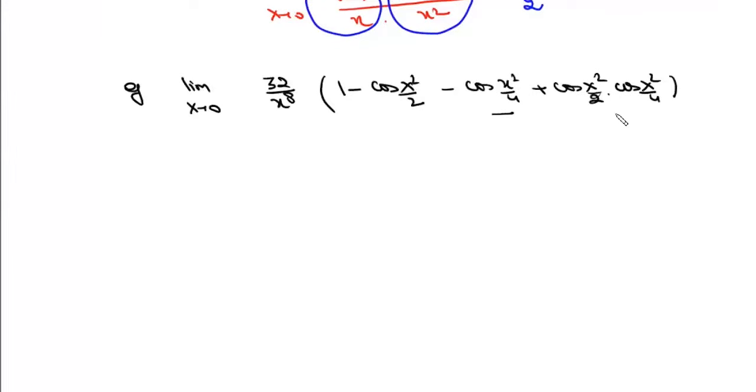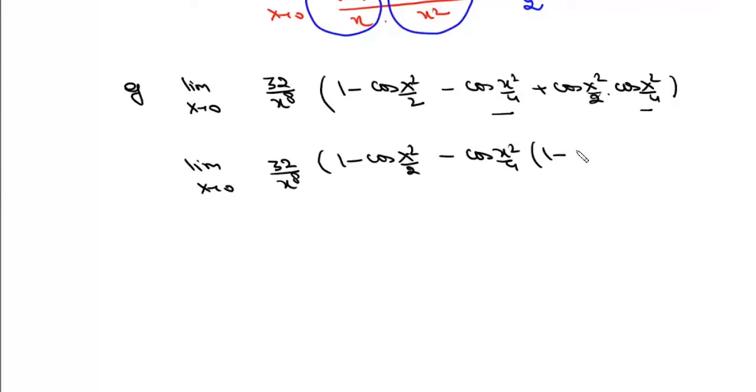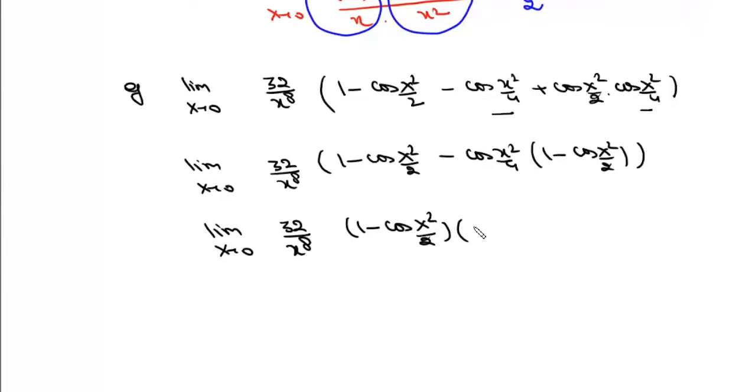Now in this we'll take minus cos x square upon 4 common, so it will be this limit x tends to 0, 32 upon x to the power 8, and this is 1 minus cos x square upon 2, and we'll take minus cos x square upon 4 common, and it will be 1 minus cos x square upon 2. So we can factorize this as this limit x tends to 0, 32 upon x to the power 8, and this is 1 minus cos x square upon 2 into 1 minus cos x square upon 4.